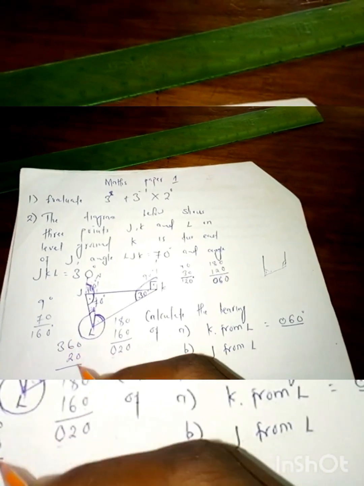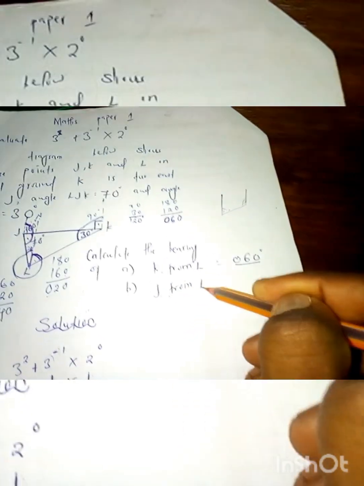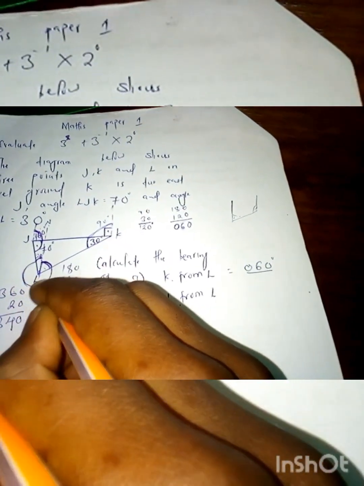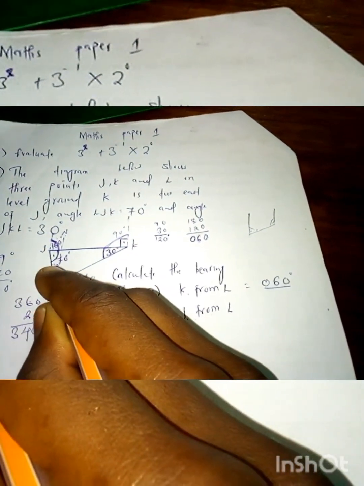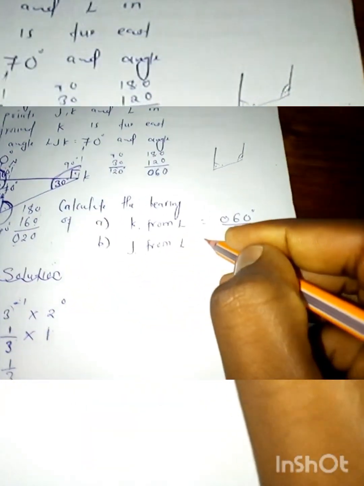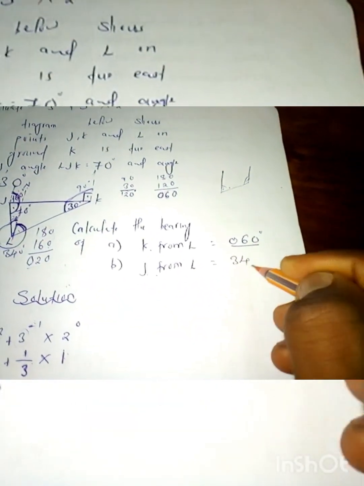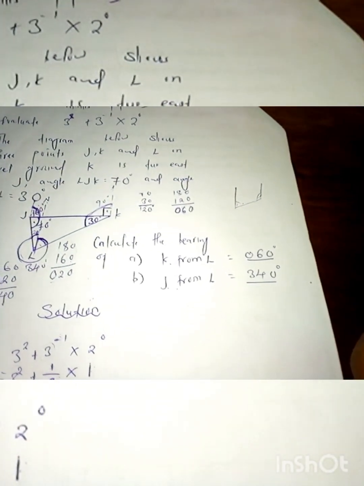This is 340. So the bearing of J from L is 340 degrees from here going like this to here. You see, 340 degrees.